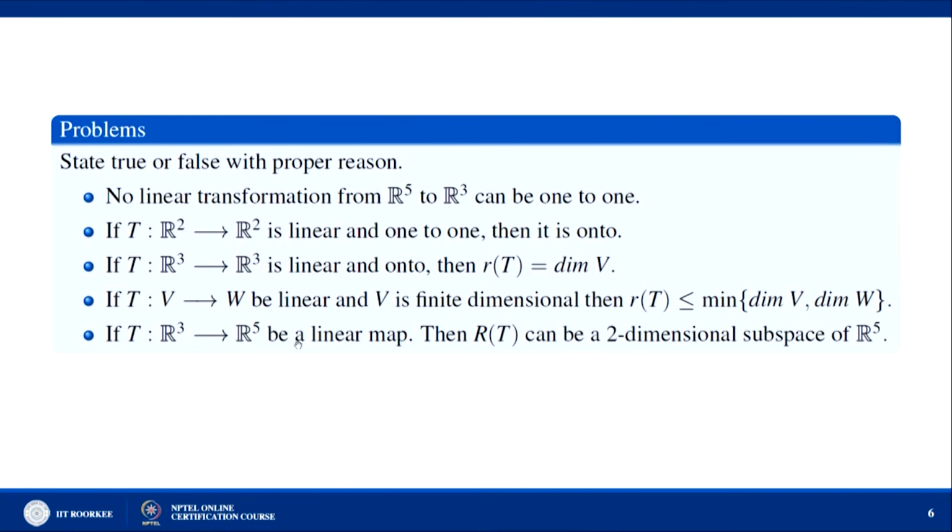The last one is, if T from R3 to R5 is a linear map, then the range of T can be a 2-dimensional subspace of R5. So, let us see. Here T is from R3 to R5, so it is V, it is W. The dimension of V is 3.